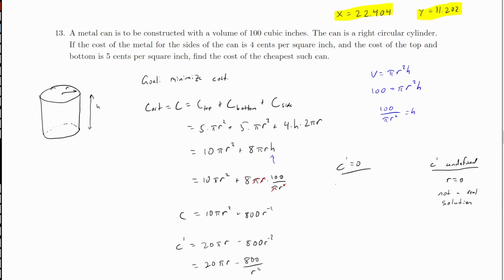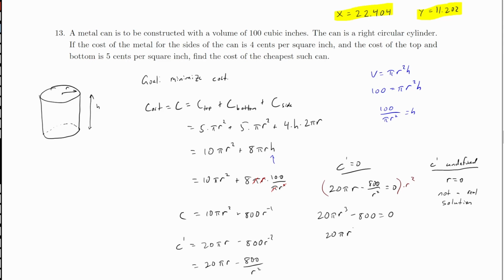Okay, so if I want to figure out where this derivative is 0, we have 20 pi r minus 800 over r squared equals 0. I'm going to multiply everything on both sides by r squared to get rid of my fractions. So we have 20 pi r cubed minus 800 equals 0.